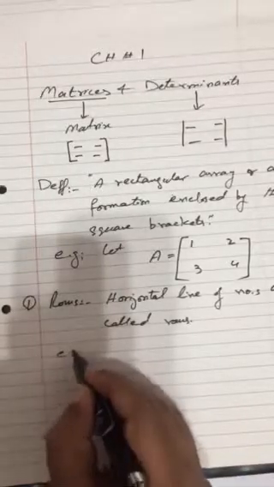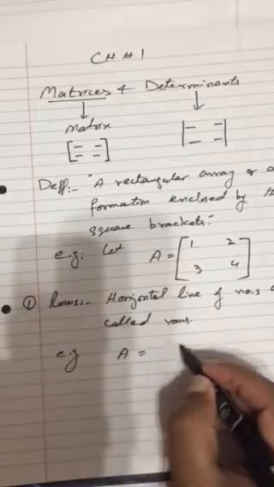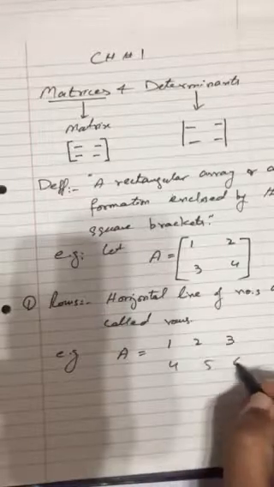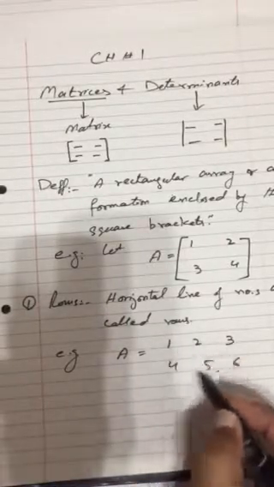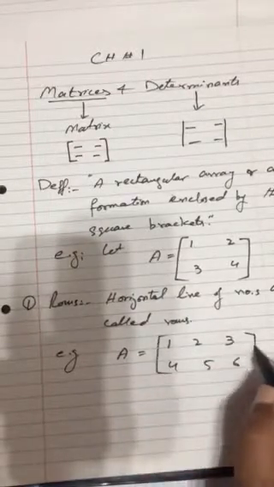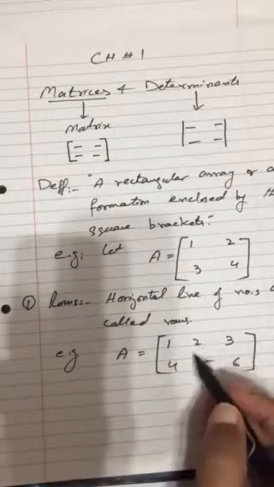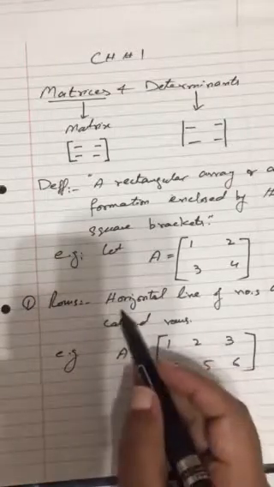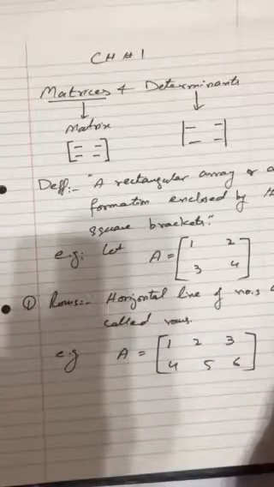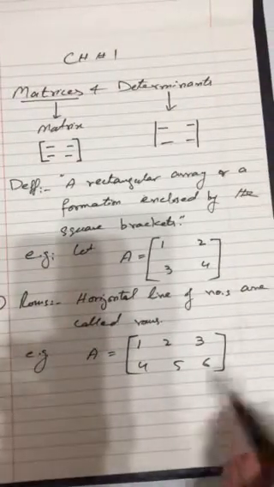For example, suppose matrix A has 1, 2, 3, 4, 5, 6. These entries, elements enclosed by square brackets, are called a matrix. But how do we represent the rows? By definition, horizontal lines of numbers are called rows.